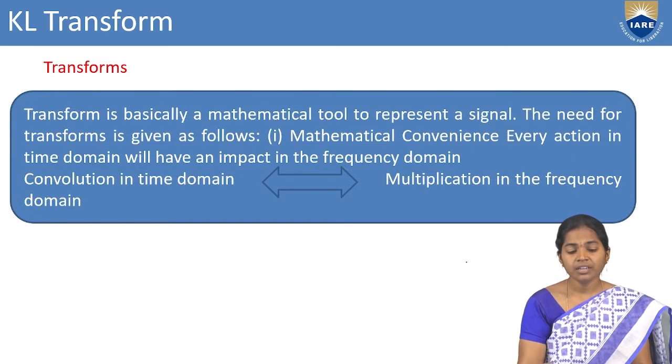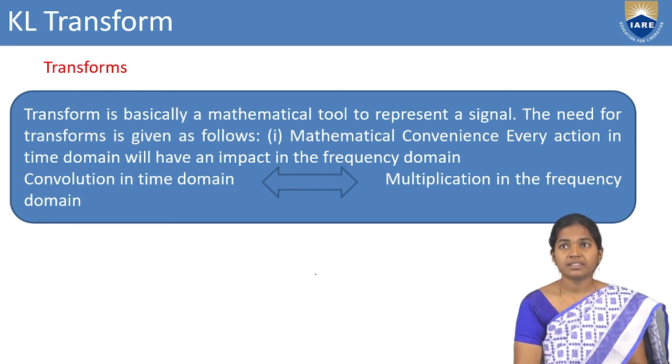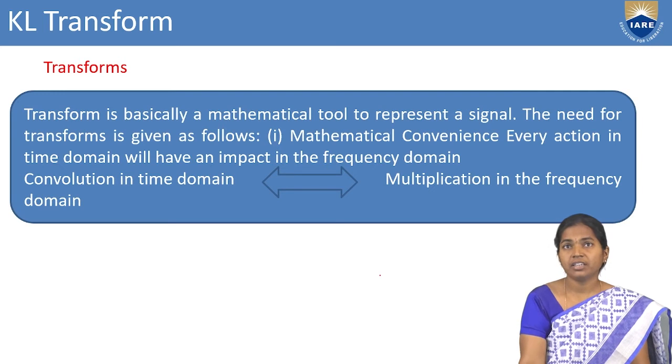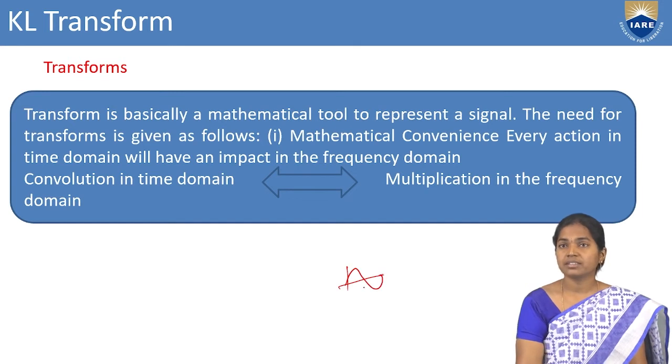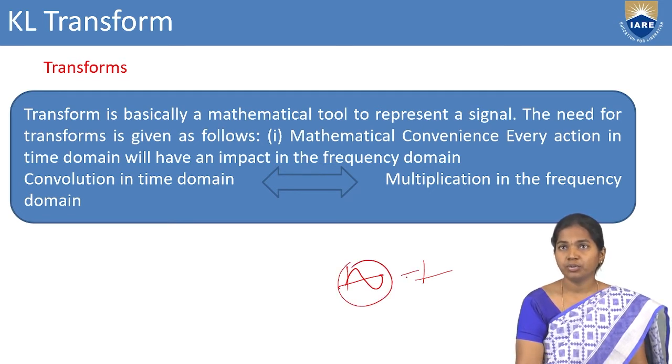Here, in general, a transform is basically a mathematical tool for representing a signal. So with the use of transformation we are representing the signal only. In analog, the signal is represented like this. When we apply the transformation function, the signal in one domain can be changed into another domain.